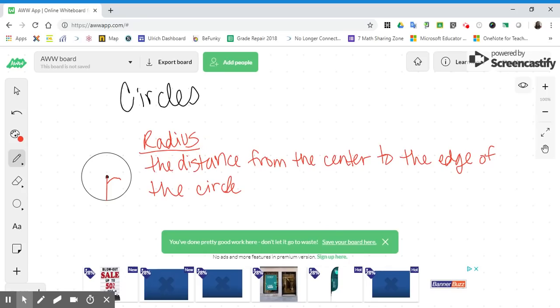The radius is the distance from the center to the edge of the circle.